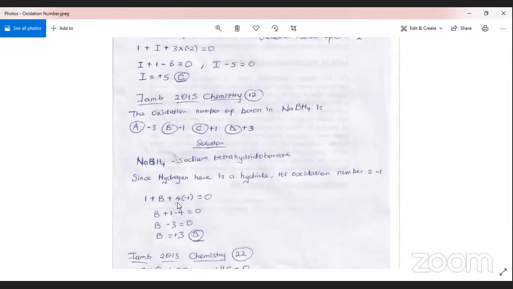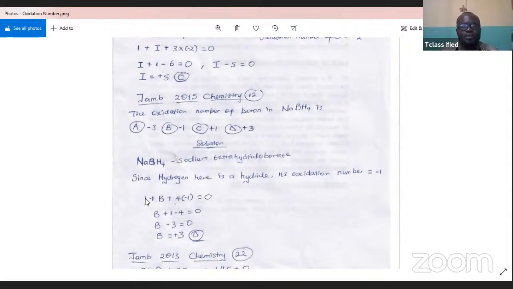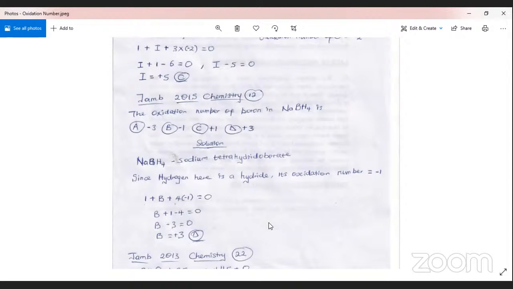So that's why we have 4 times -1, which gives us -4. If you now do this 1 minus this -4, you have -3. So -3 going over to this side gives you +3. Is it clear? Yes, sir.